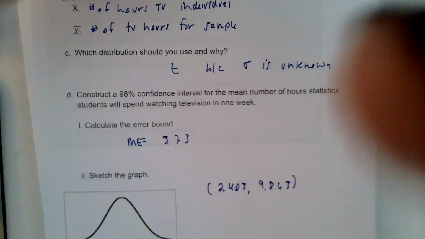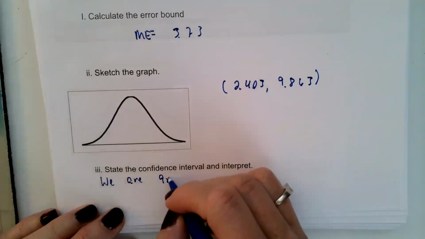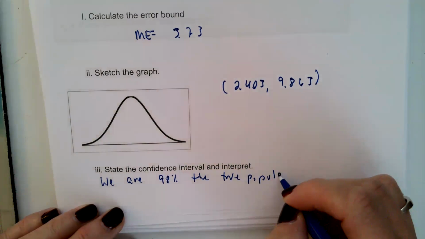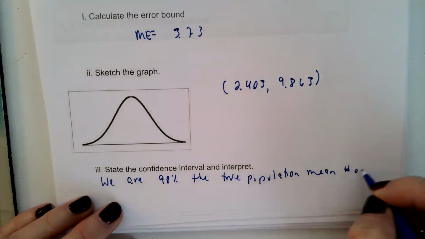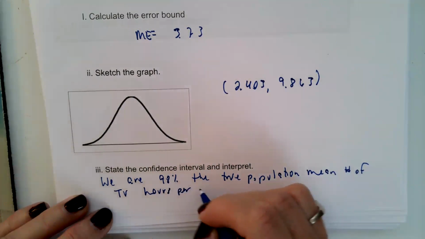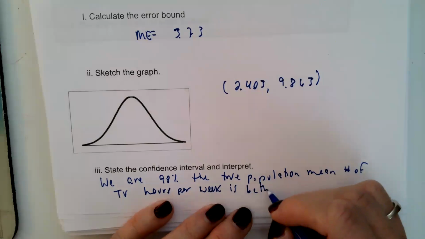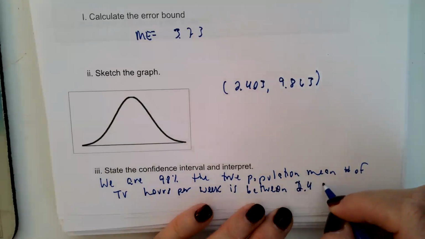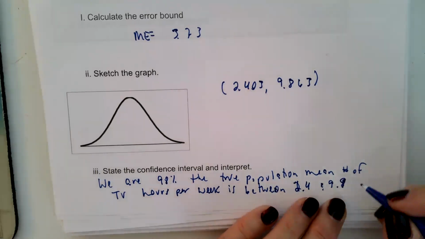We are 98% confident the true population mean number of TV hours per week is between 2.4 and 9.8, actually 9.9, right, if we round appropriately, hours.